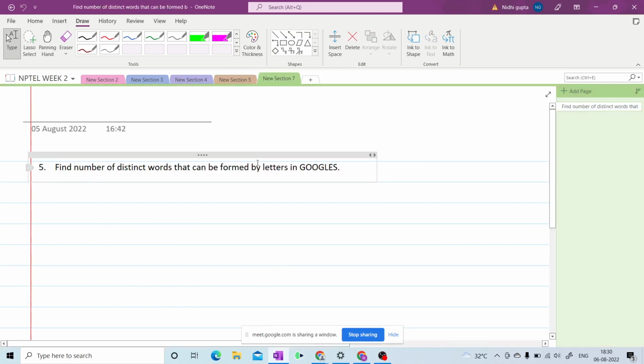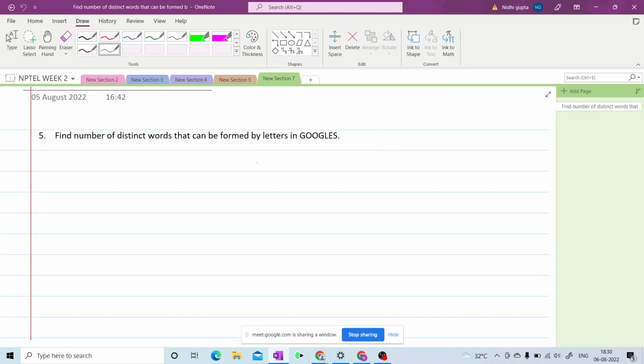So now our last problem is, we have to find the number of distinct words that can be formed by the letters in the word. We have two G's, two O's, one L, one E, one S. And we want to use bijective counting.